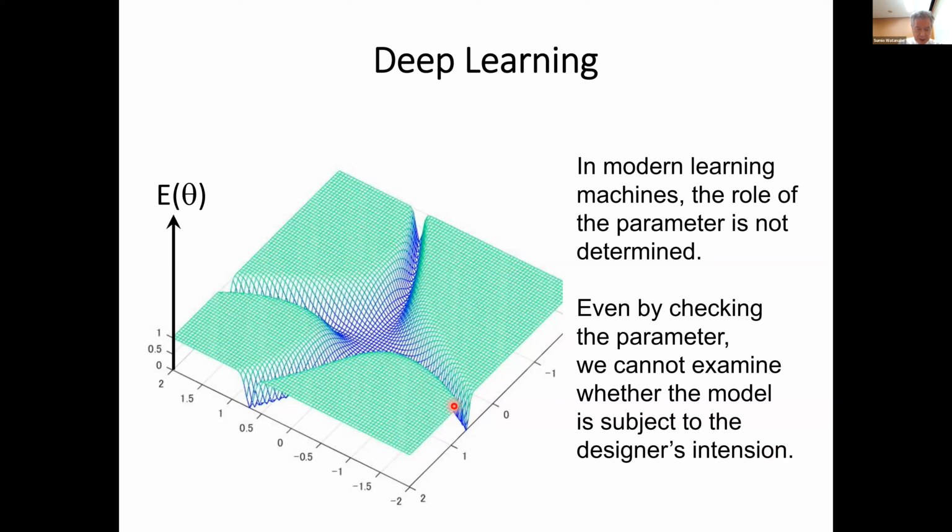Here, this parameter is almost equal to this parameter as a function. This parameter is almost equal to this parameter as a function. Thus, by examining the parameter, we cannot know whether the model is subject to the designer's intention. This is an elemental difference.